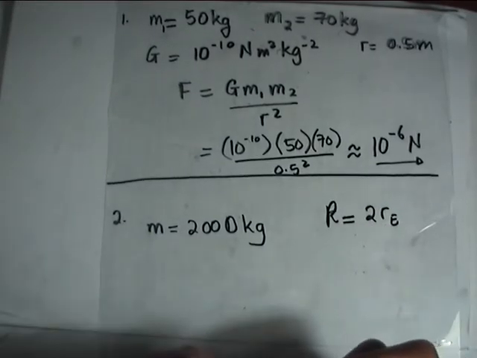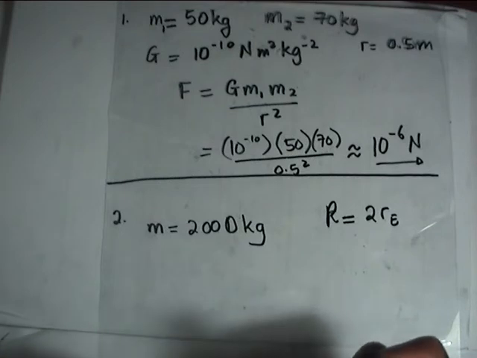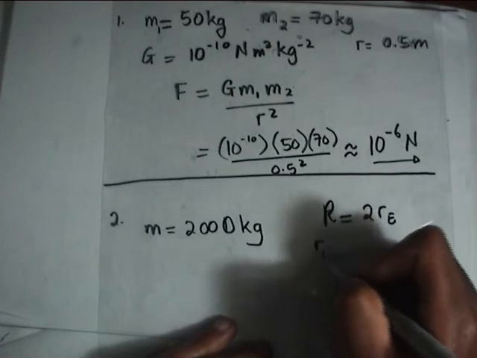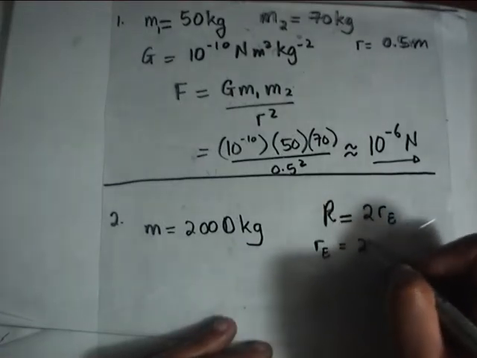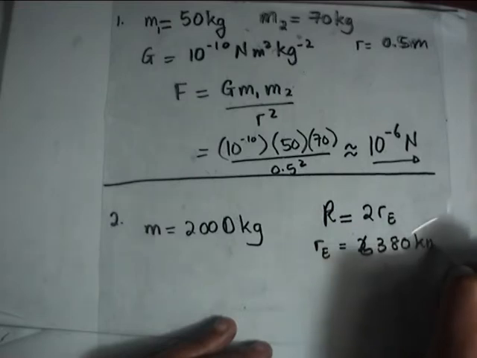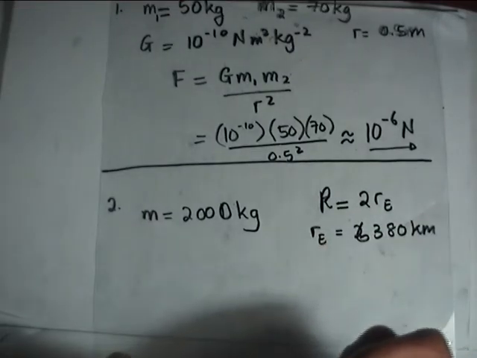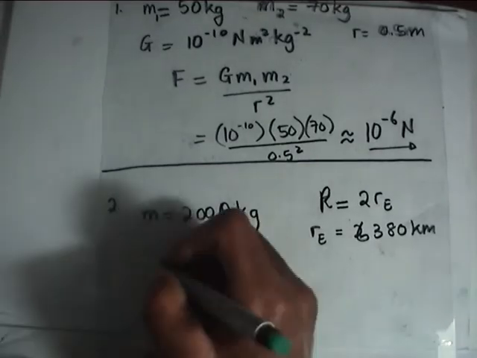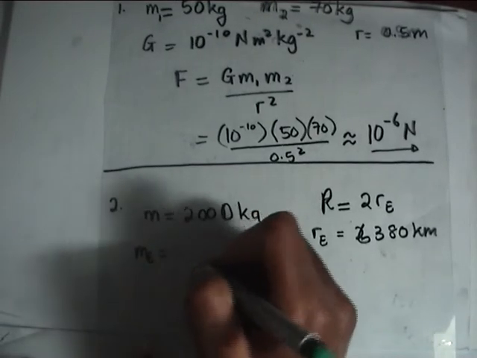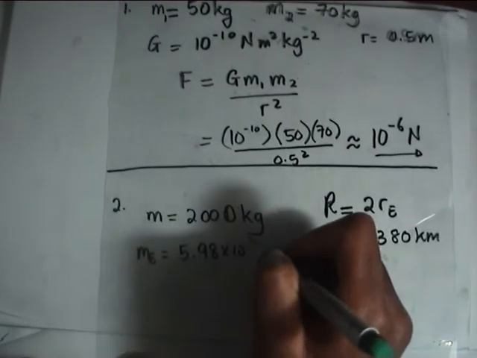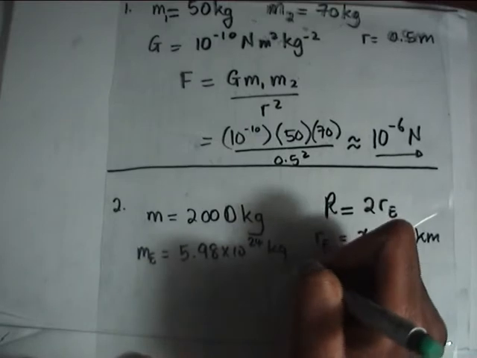So it's saying when it orbits 2 Earth radii from the Earth's center, a distance RE, we are given that RE is equal to 6380 kilometers above the Earth's surface. Then the mass of Earth, we are given that M of E is equal to 5.98 times 10 to the power of 24 kgs.